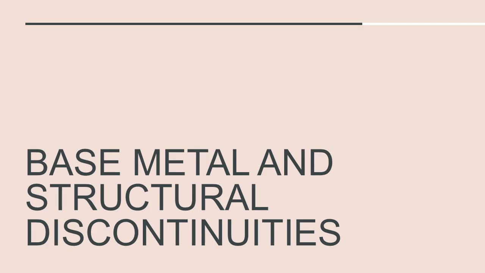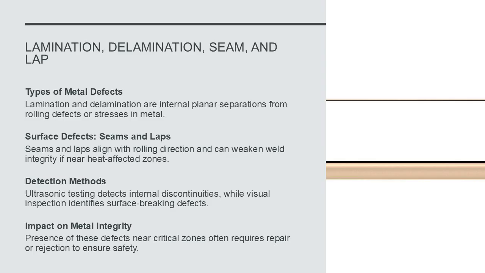Now we'll look at discontinuities in the base metal, such as lamination, delamination, seams, laps, lamellar tears, and cracks. These can severely compromise weld integrity. Lamination and delamination are planar separations within the base metal, often resulting from rolling defects or service stresses.